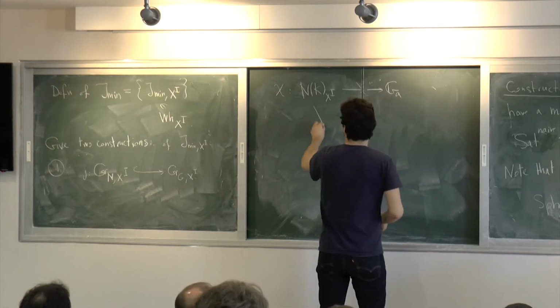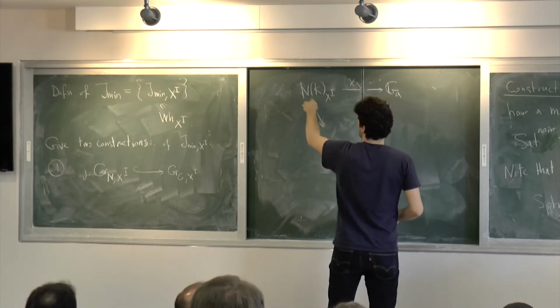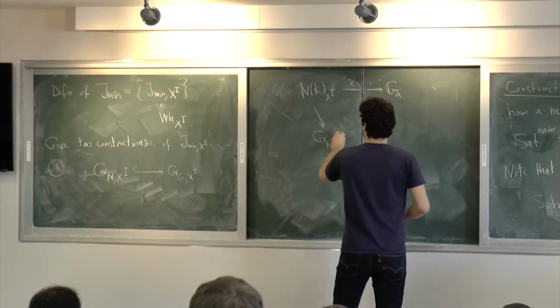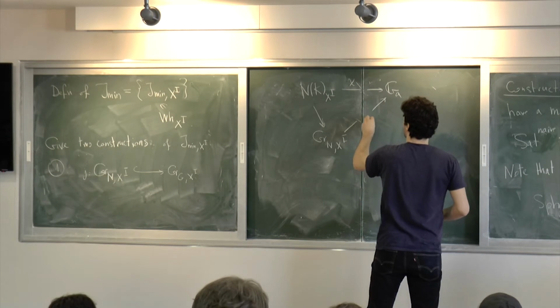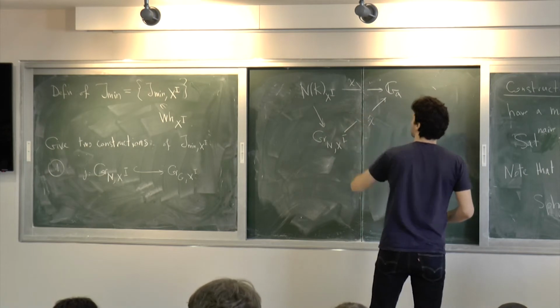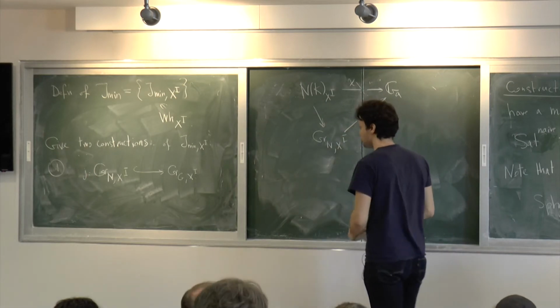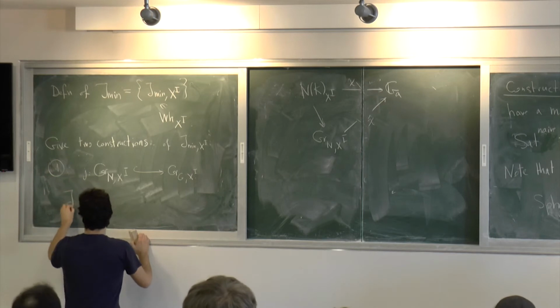Therefore, I can pass to the quotient of n_k on n of O. That would be the Grassmannian for n, and the character factors. Let me say chi hat. It factors because it was trivial on n of O. And now I have all the ingredients to define J mean under the first construction.